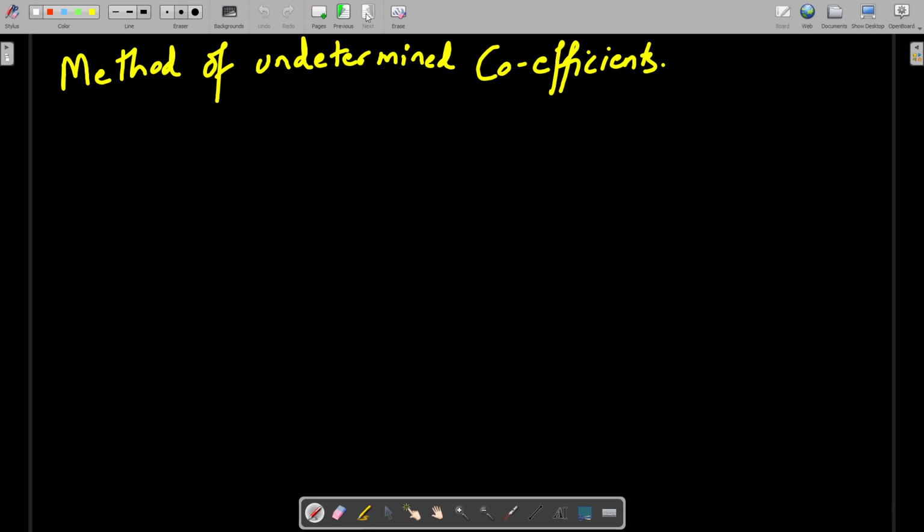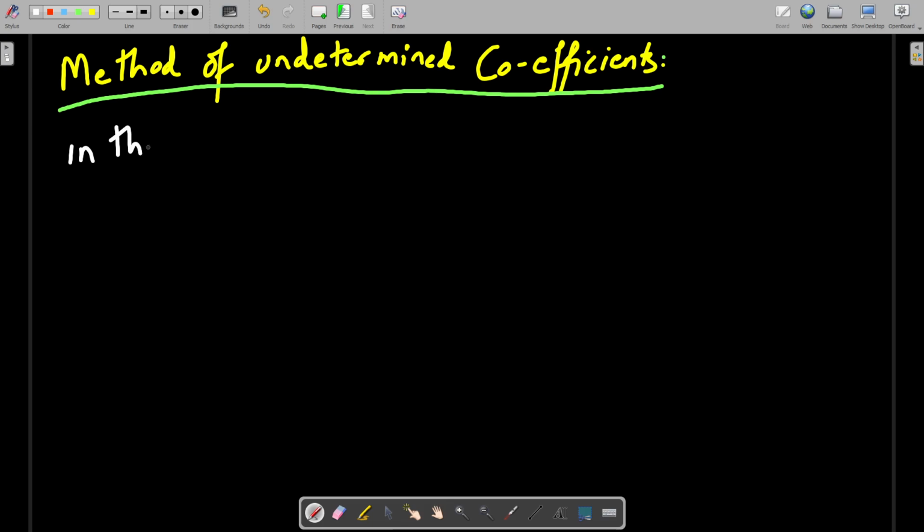So let us go to this method now. Method of undetermined coefficients. What do you mean by undetermined coefficients?